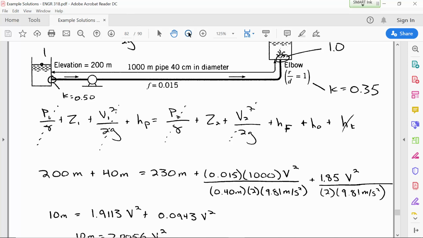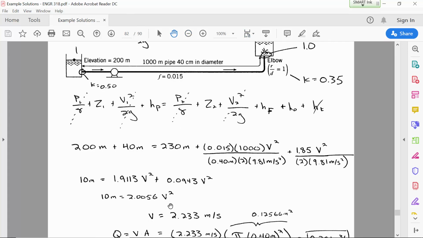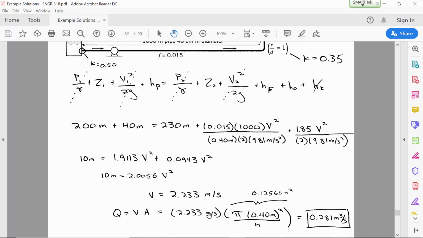So when you solve for the velocity, it should be 2.233 meters per second, and then we can substitute that into the continuity equation, finding the area, and get 0.281 cubic meters per second.